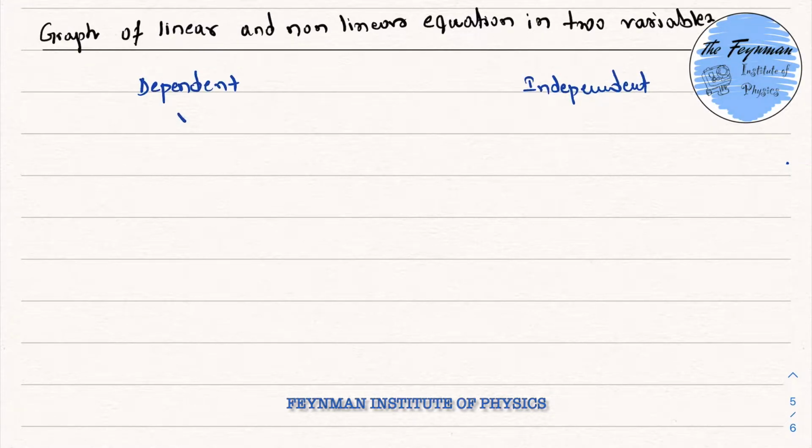So say y is a dependent variable and x is an independent variable, and we call it like this because we can relate y by the relation y is equal to f of x. So we can call it to be y is a function of x.